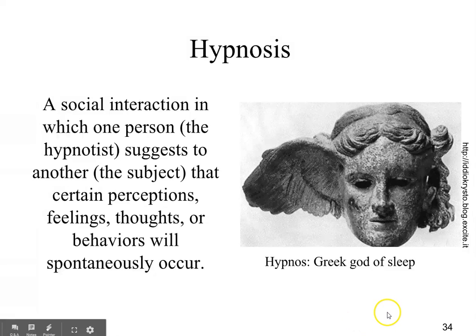Hypnotism is a social interaction in which one person suggests to another that certain perceptions, feelings, thoughts, or behaviors will spontaneously occur. Research indicates that the strength, stamina, learning, and perceptual abilities of hypnotized people are matched by those of unhypnotized people.